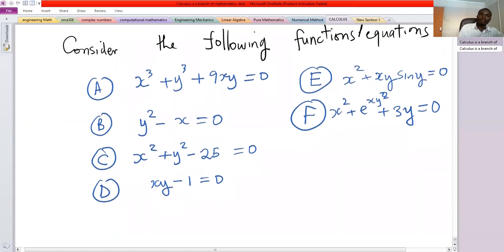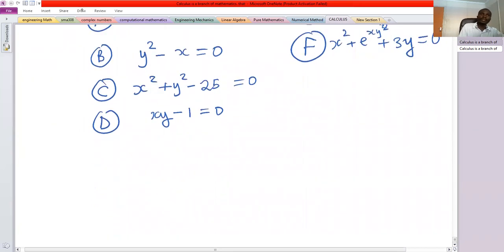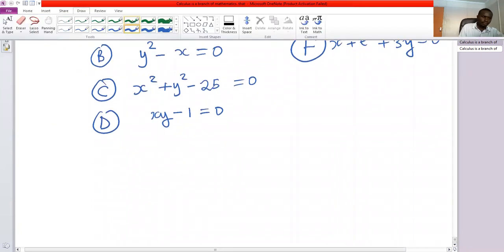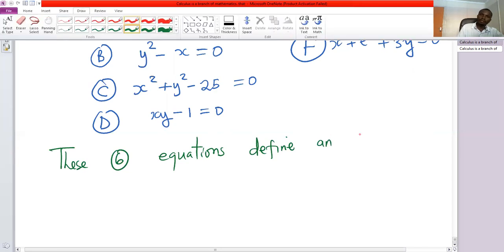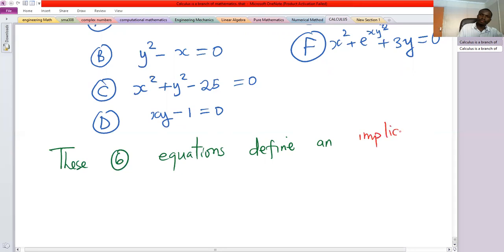What is common for all these 6 equations is that these 6 equations define an implicit relation between the variables x and y.